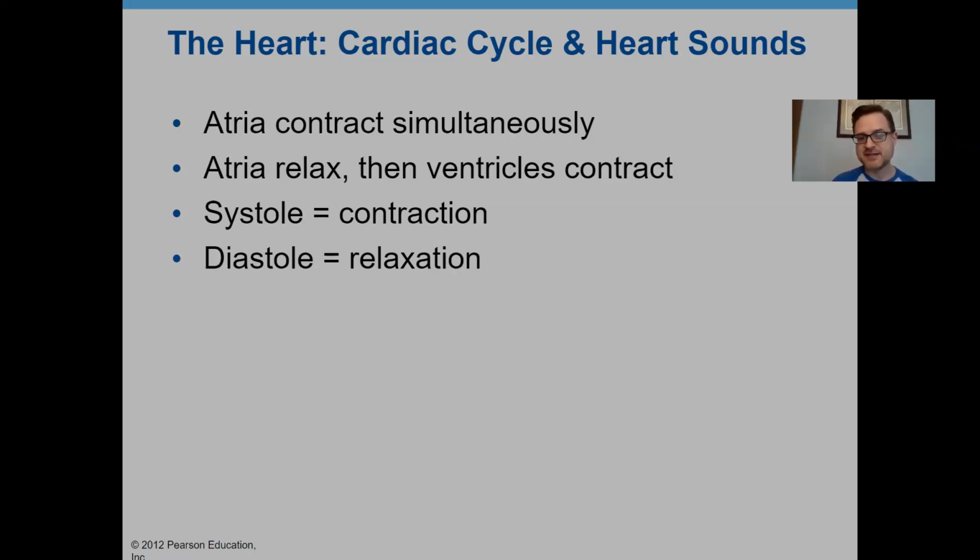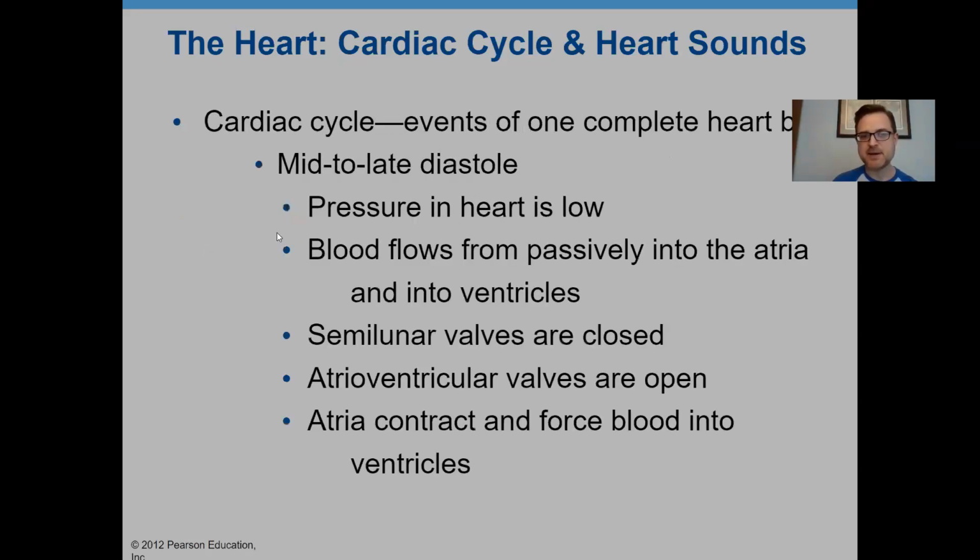A diastole is when the ventricles are relaxed. So systole is a contraction, a diastole is a relaxation. When we do blood pressure, the two numbers, like 120/80, that's your systolic and diastolic blood pressure. We'll get to that more in a minute. Systole, contraction, diastole, relaxation.